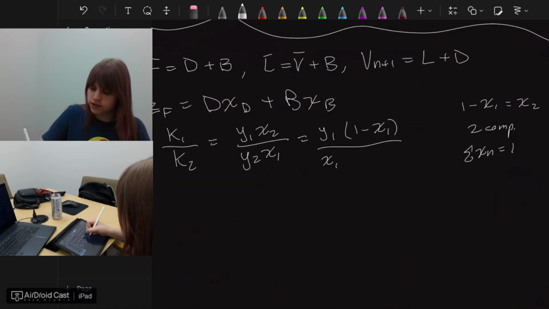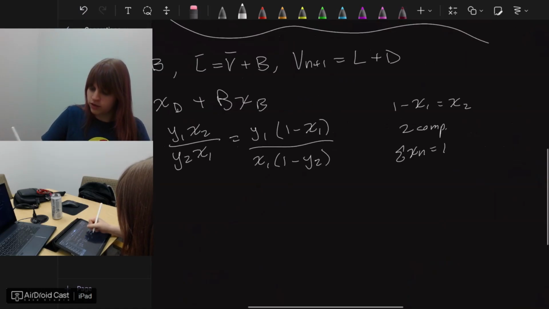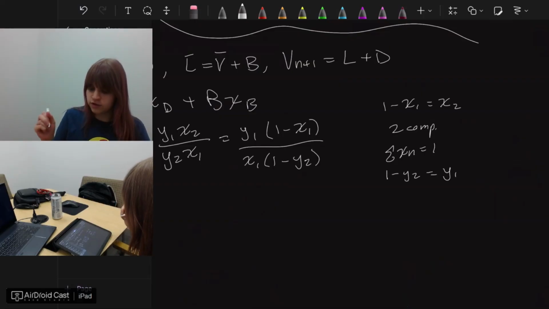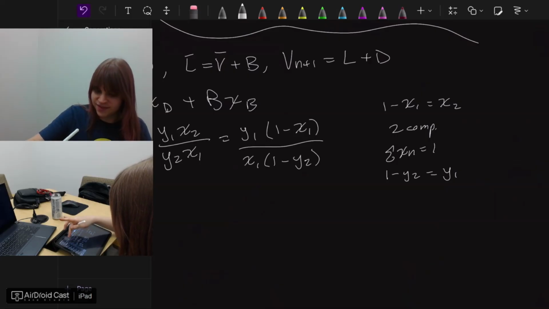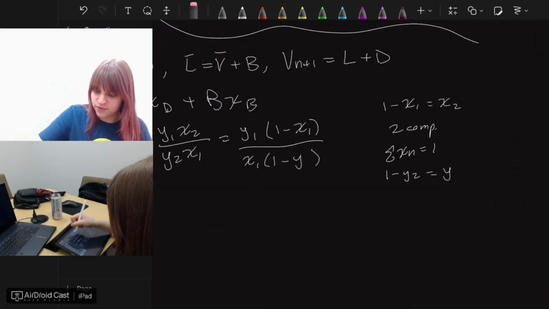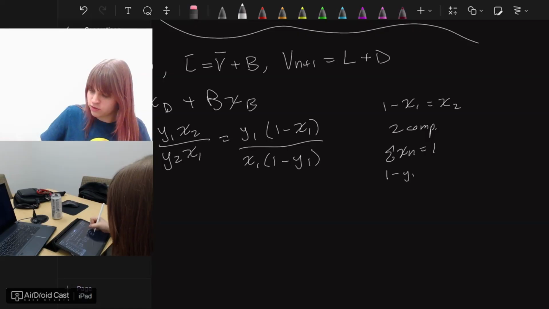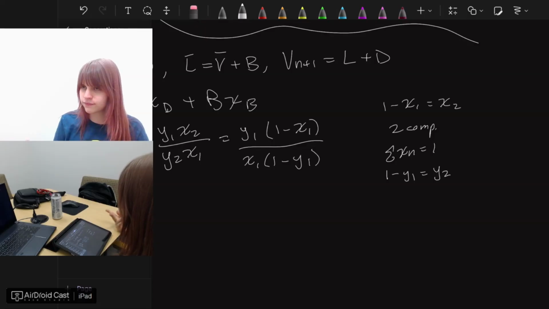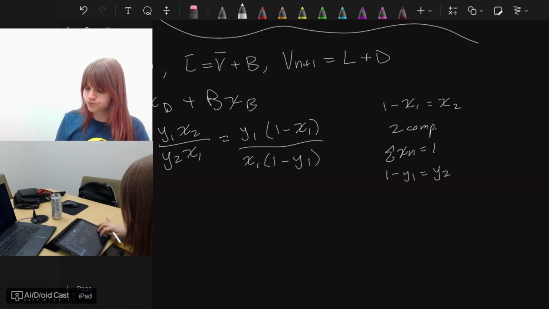We have X1 times 1 minus Y1. I meant to say 1 minus Y1. Same thing with the X. We know that 1 minus Y1 is equal to Y2. It's the same the other way around, but we're trying to keep things in terms of the same component.